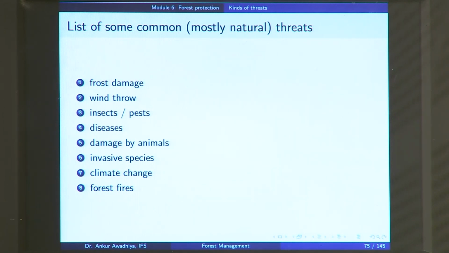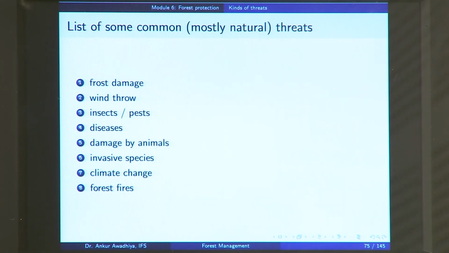Or you can have a situation where there is a drought, and because of the lack of water plants die off. Or you can have a situation where the water is so less and the temperatures are so high that there is a large scale forest fire happening. In these scenarios the climate change will lead to a large scale destruction of the forest. So, this is also another threat.